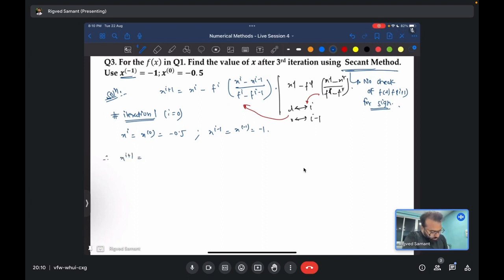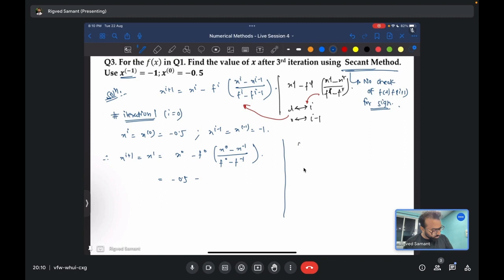Xi plus 1 is nothing but x1. x1 is equal to x of 0 minus f of 0 into x of 0 minus x of minus 1 divided by f of 0 minus f of minus 1. X of 0 is minus 0.5. So we didn't find f of 0 and all those things, right?